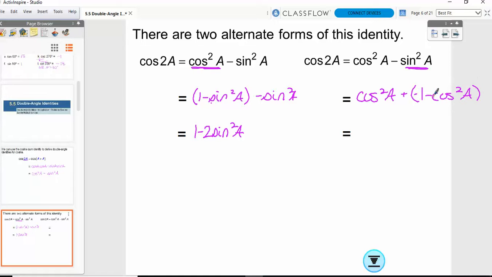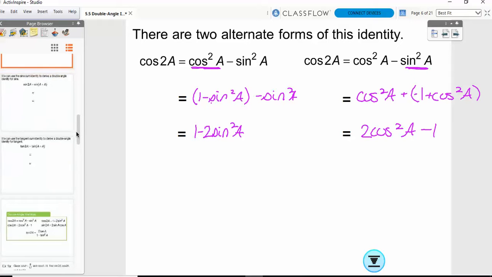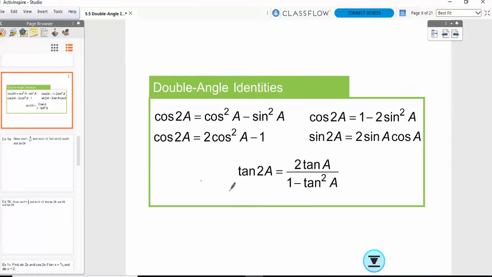You distribute that negative, you have cosine squared plus cosine squared, so 2 cosine squared a minus 1. So the cosine double angle actually turns into 3 different options. I could do the same thing to prove sine and tangent, but I'm not going to for the sake of time. So there are 5 formulas for you to write down on this double angle page. And all of these are provided on the formula sheet.